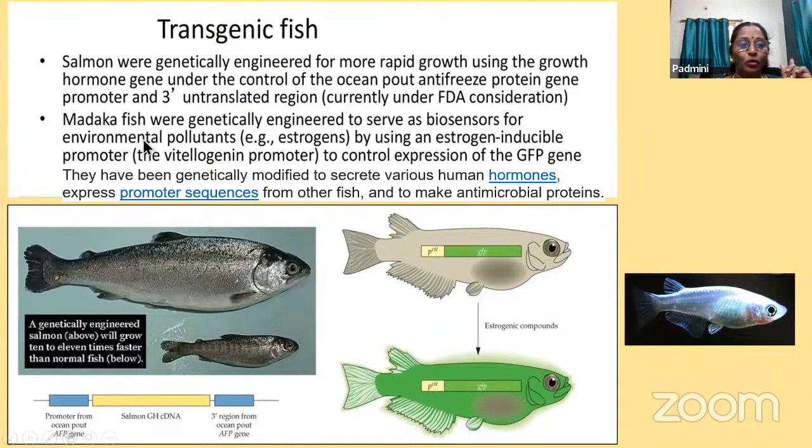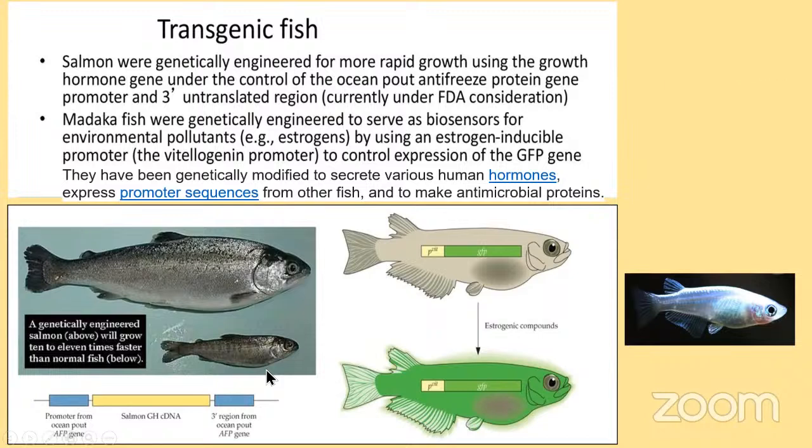Okay. So there's one more fish, called the Medaka fish, which was genetically engineered to serve as biosensors for environmental pollutants, because there's a lot of pollution occurring in the sea and all other places, as the oceans and seas are being contaminated.